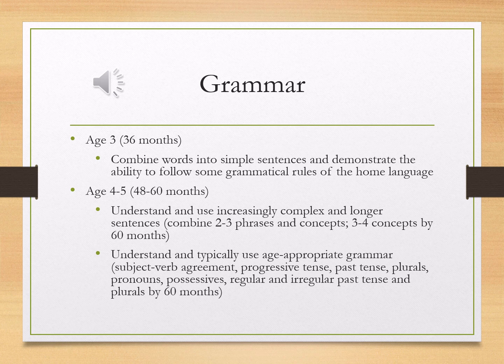So that would be things like, rather than goed, starting to incorporate things like went, because that is an irregular past tense. So lots and lots of very sophisticated grammar we should be expecting to see at age 4 to 5, which really is quite remarkable if you think about that they've only been speaking for a few years.